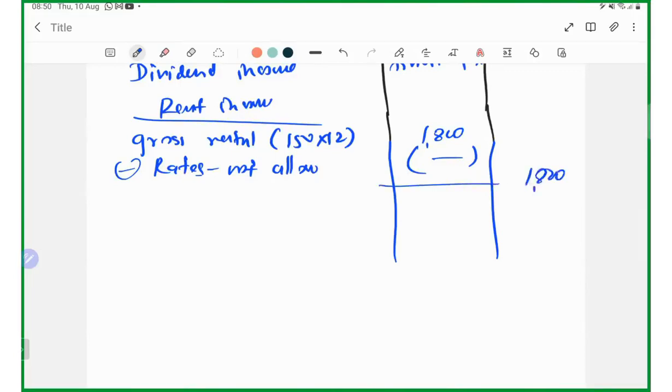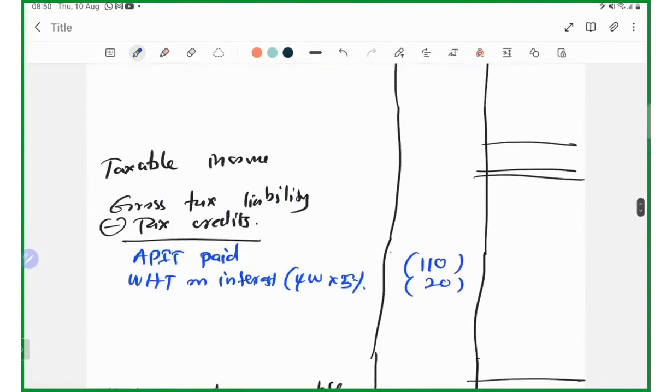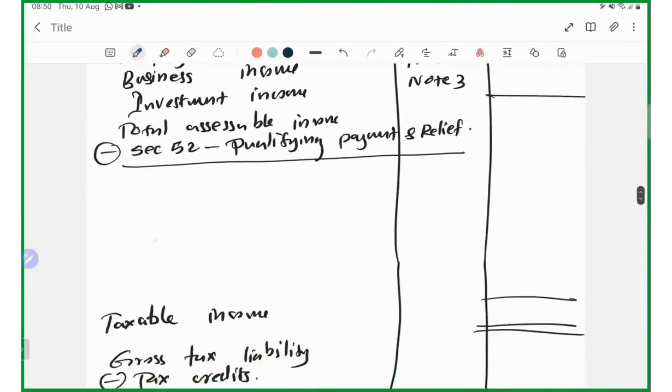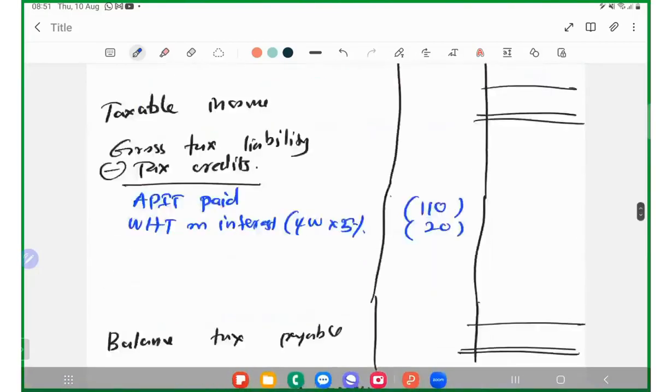In this case, there are no actual repair expenses, but as an individual, you can take some qualifying payment under the 25% allowance on gross rent. So gross rent is 1,800 into 25%, which means, my dear student, you can take 450 as a qualifying payment in this case.